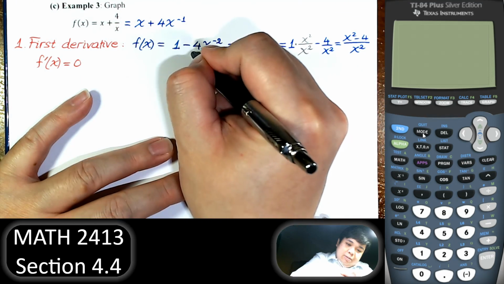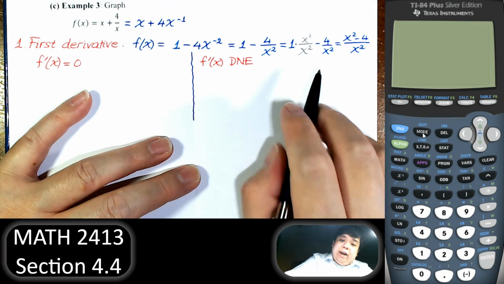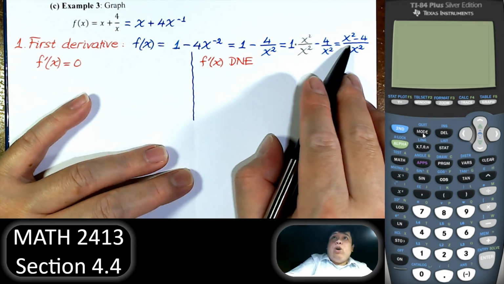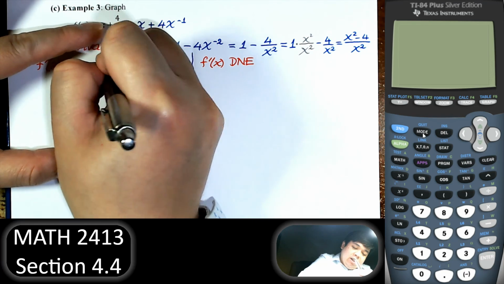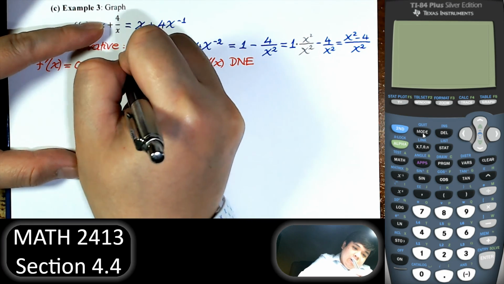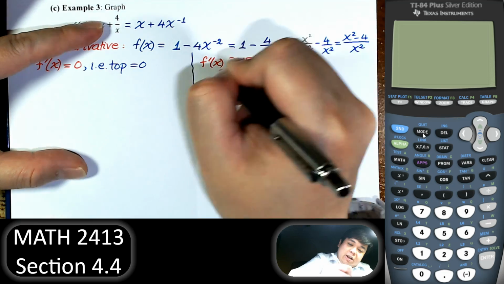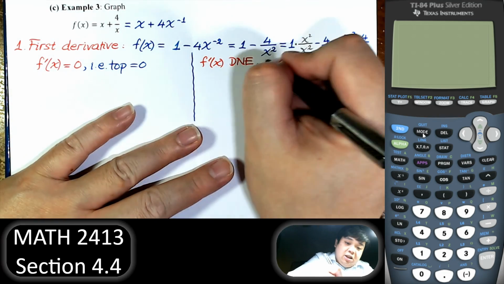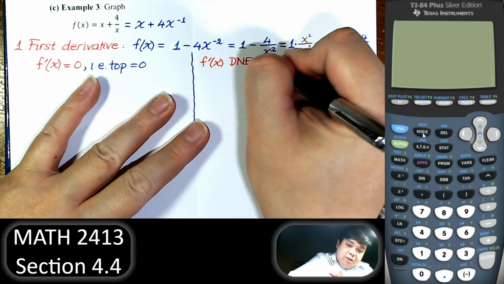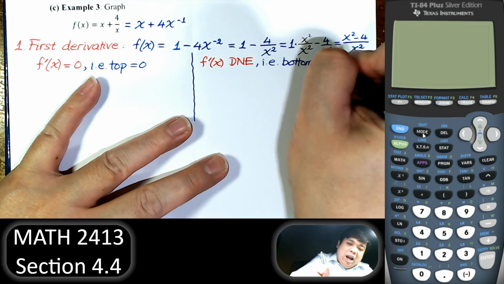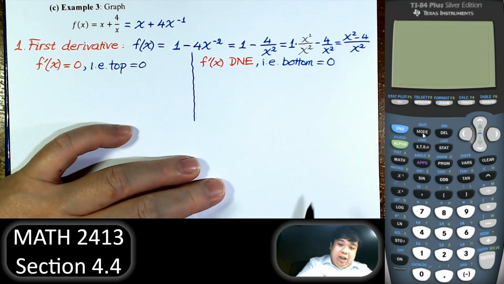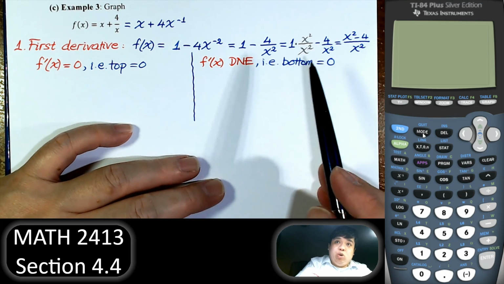Right. Now, derivative equal to 0, if we have one big fraction, then that means the top is equal to 0. If we have the fraction when it does not exist, meaning that the bottom equal to 0. And you say, what happened if both of them equal to 0? Well, if both of them equal to 0, we should be able to simplify something.